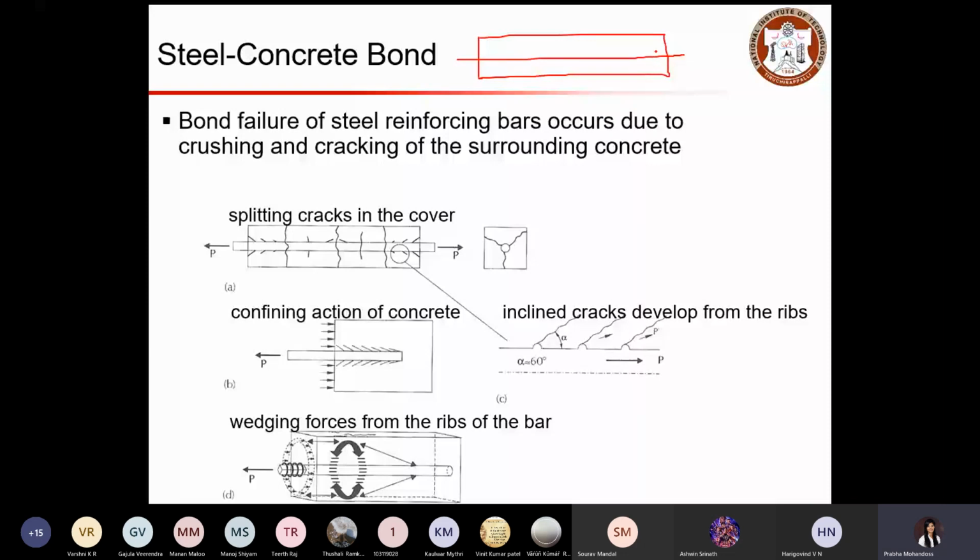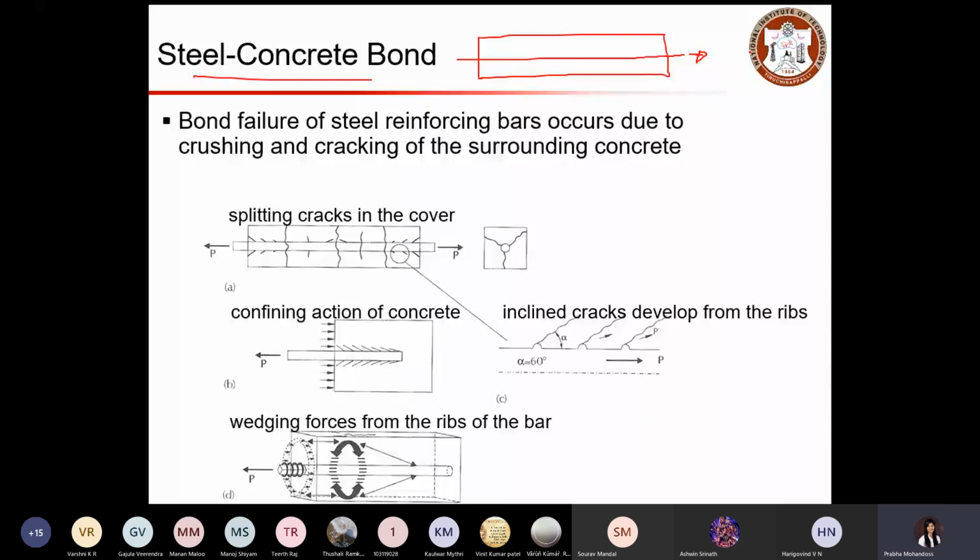To check that, you should know the steel concrete bond strength. To determine it, most often we apply a tension load in one direction to the steel. Basically, we are trying to pull the steel out of the concrete, which gives an idea how well the steel is attached to the concrete.